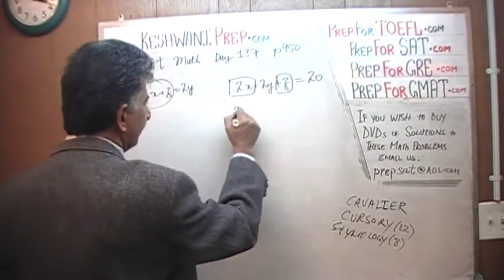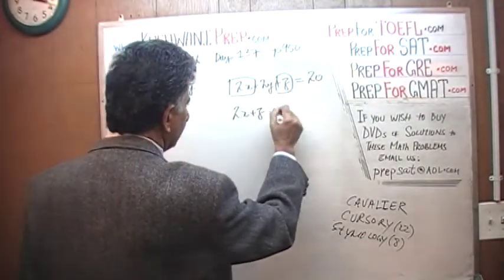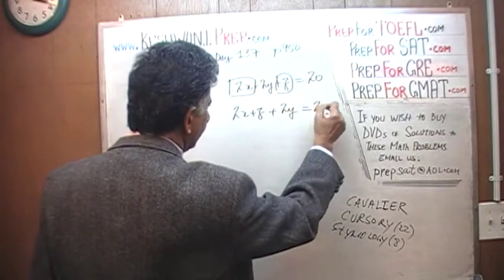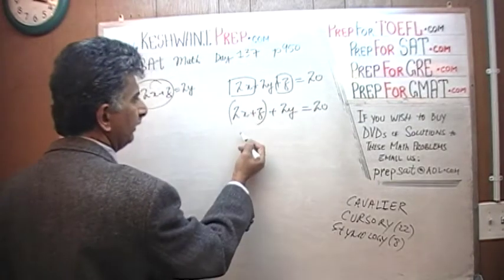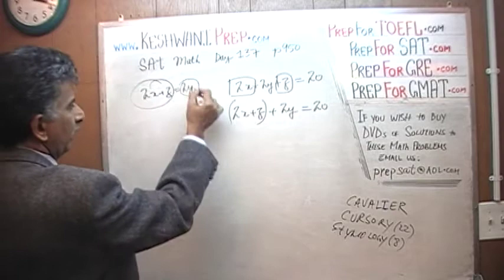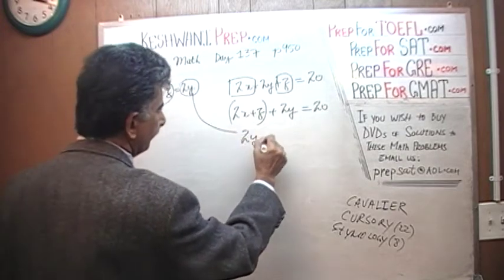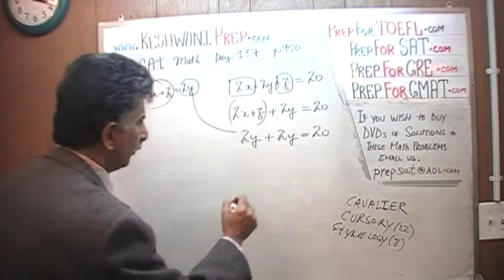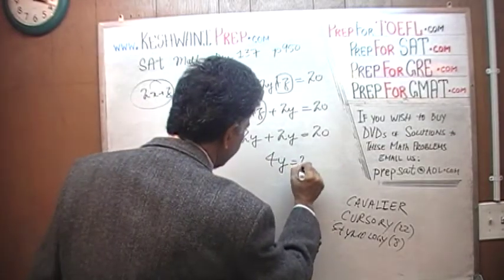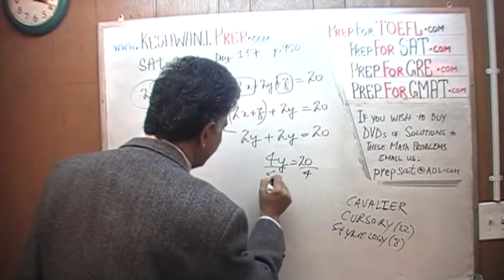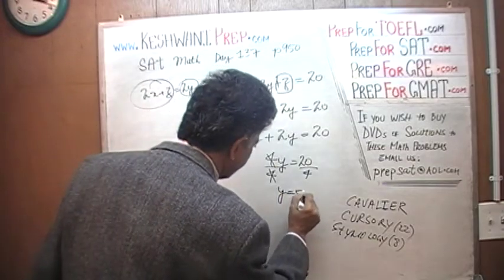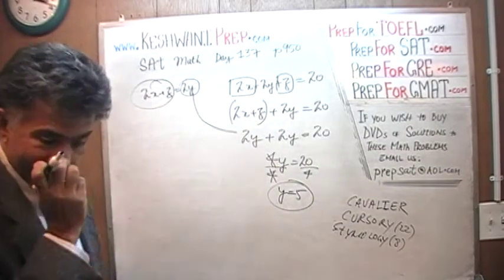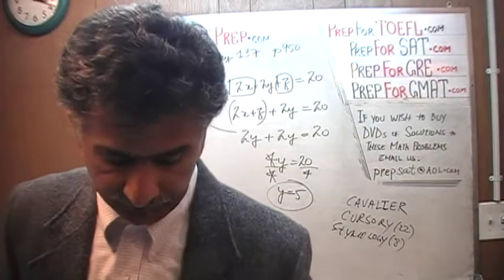So we can write this as 2x plus z plus 2y equals 20. So 2x plus z we know equals 2y. Put it in here. And we have 4y is equal to 20. Divide both sides by 4. And we get y equals 5. That's it. Y equals 5, and the answer is A.